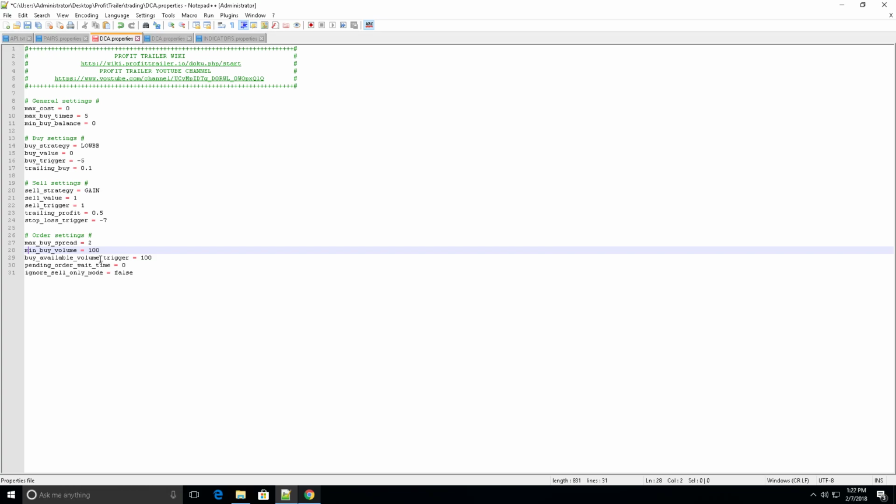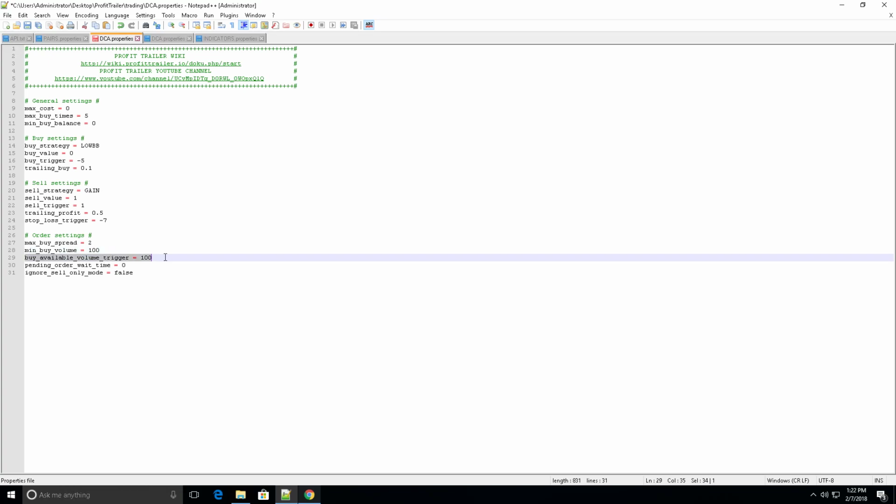Okay, so what this setting is telling the bot is that when ProfitTrailer is looking to buy NEO, it has to find an order that has 100% of the amount that it is looking to buy. This is to make sure that when ProfitTrailer puts in the order, it gets filled 100%.